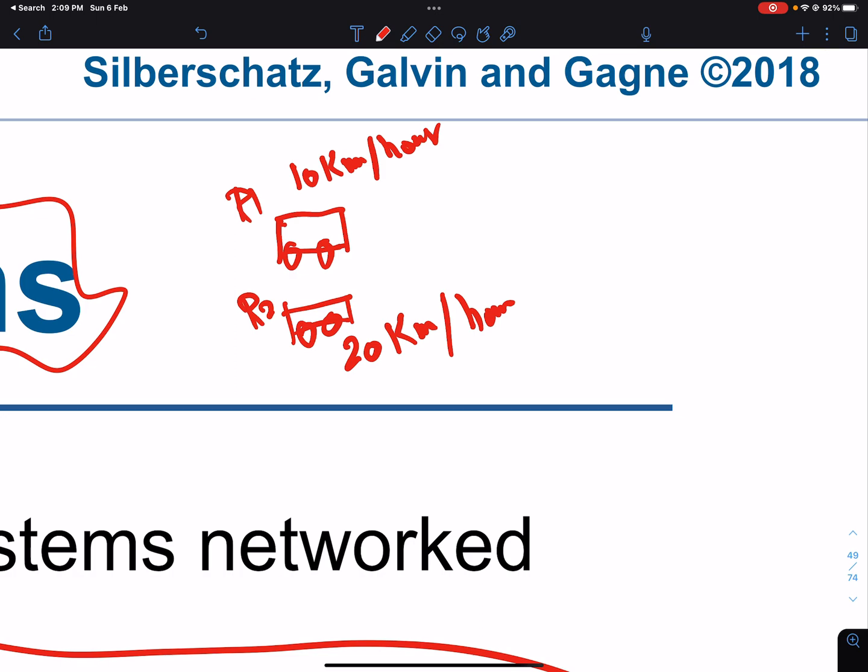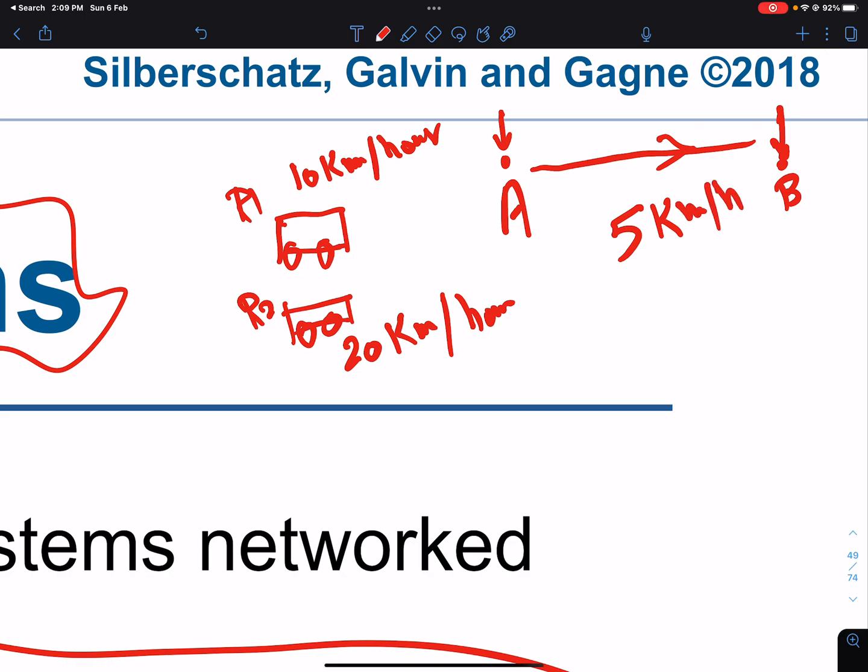If there is a task for the robot to move stuff from location A to location B with the speed of 5 kilometers per hour, then the two robots here are literally homogeneous. Why? Because both of them can achieve the task. So you can literally pick any one of them and the task will be achieved.